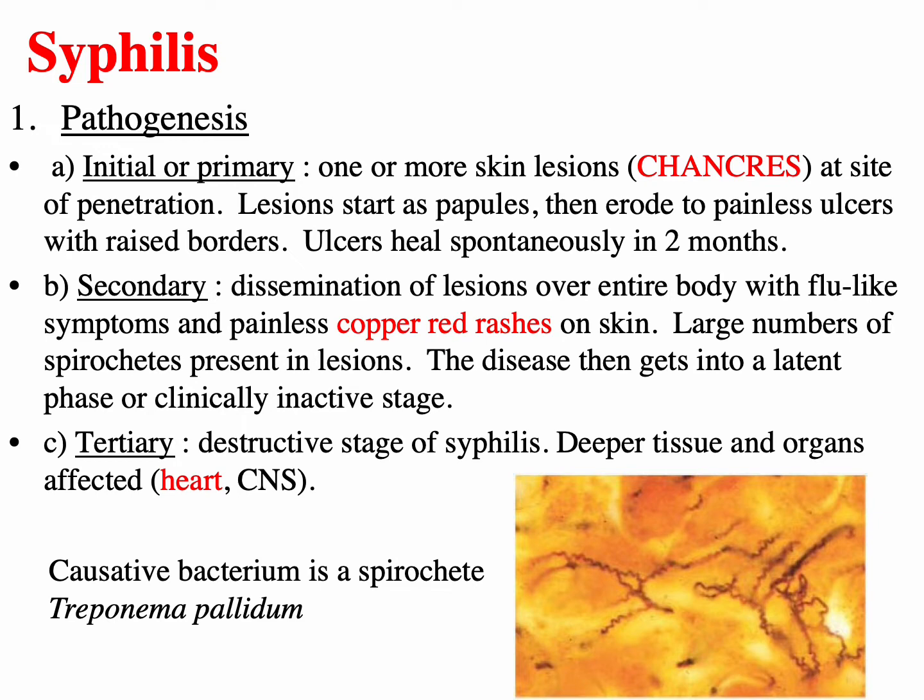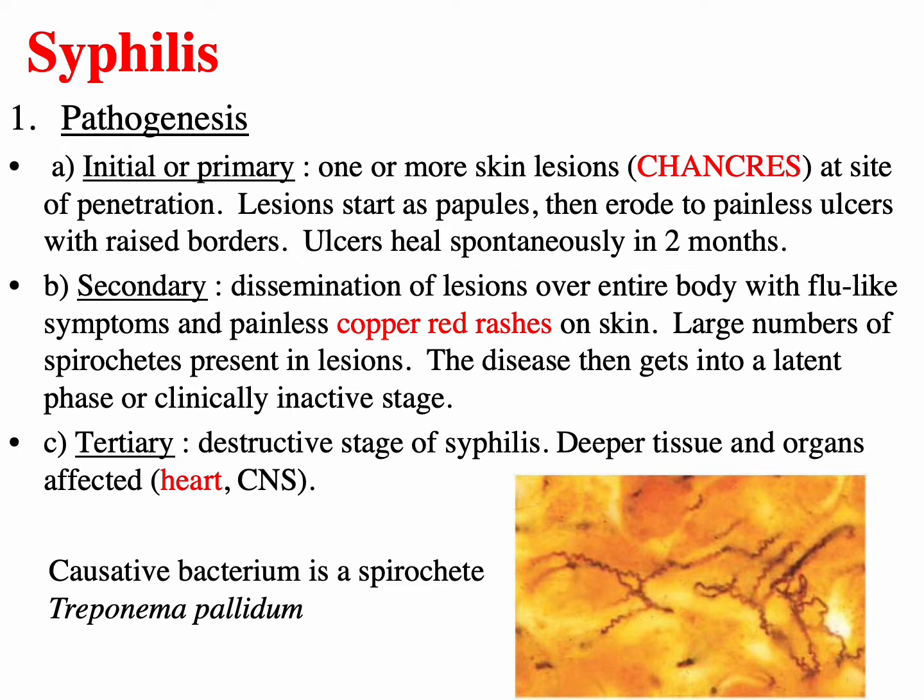The organism is shown in the picture. There is a spirochete. You see a spiral-shaped organism, and in fact this organism swims like a corkscrew, rotating and going forward. The proper scientific name of this organism is Treponema pallidum.